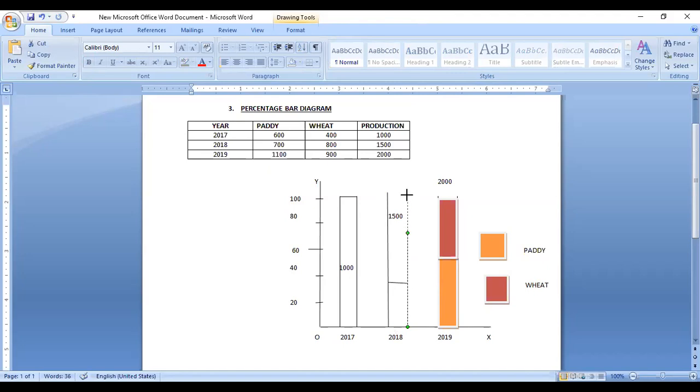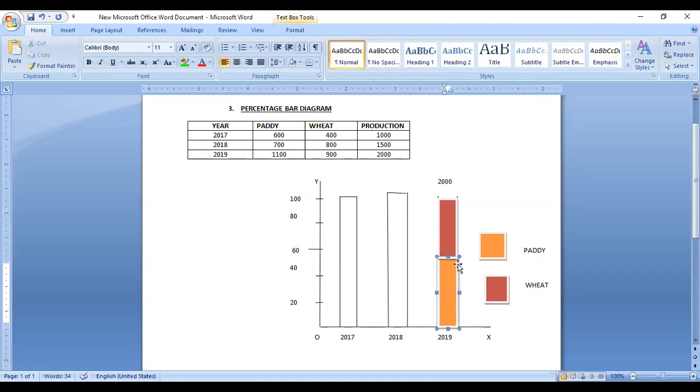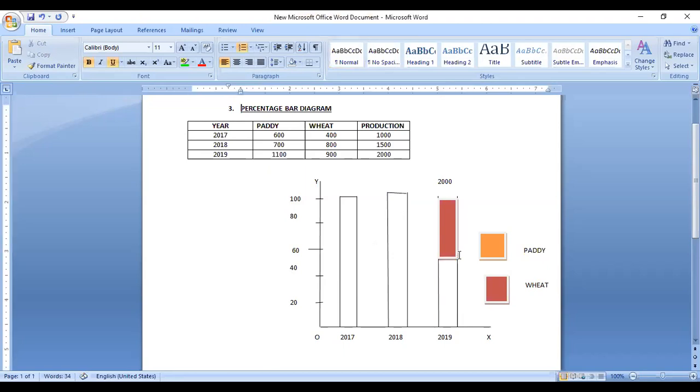All bars are equal to 100. That is what percentage means. So all are going to be of the same height. Only the divisions will be there. And this one also I am changing.